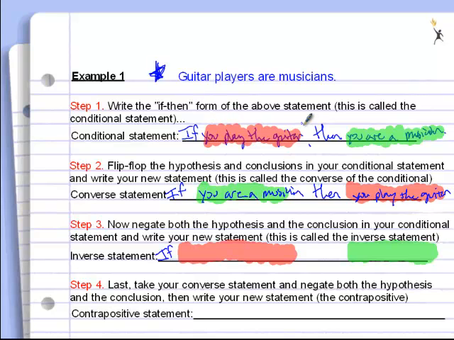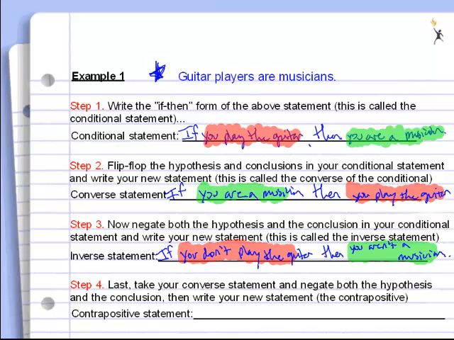You play the guitar. Well, the negation of that is you don't play the guitar. That's pretty easy. Then we take this statement, you are a musician, and we negate it. That's easy. You are not a musician. That's not too tough. Again, we just took the conditional statement and negated it.